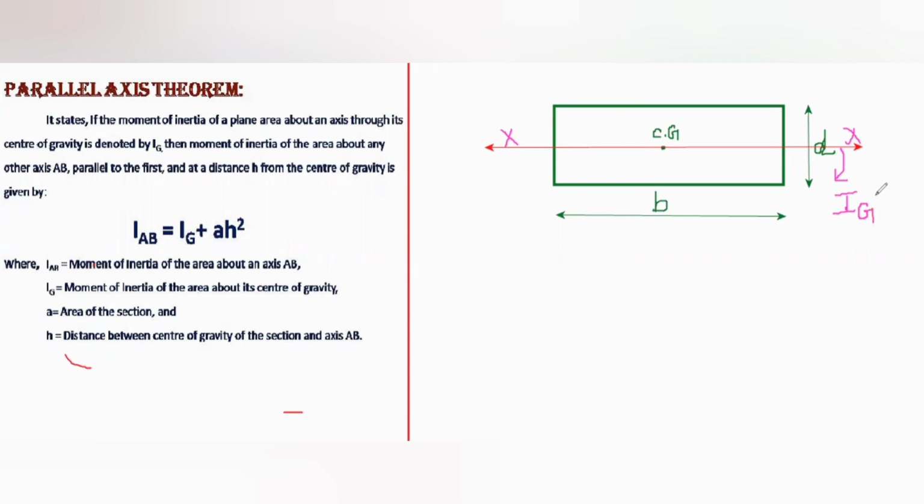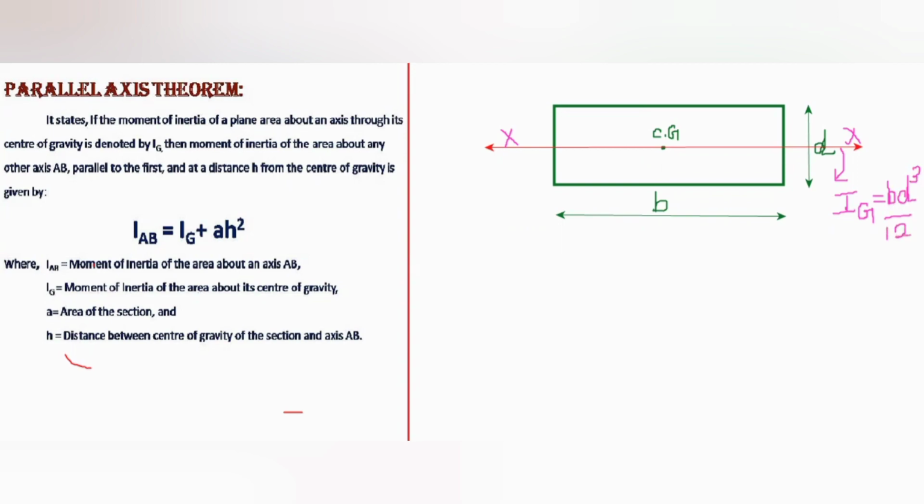And we know that for the given dimension and for the rectangle, if b is the breadth or the linear dimension, and d is the depth or the vertical dimension, then the moment of inertia with respect to the xx or horizontal axis, which passes through the center of gravity, can be considered as b d cube divided by 12.